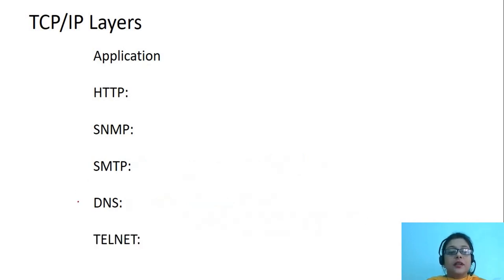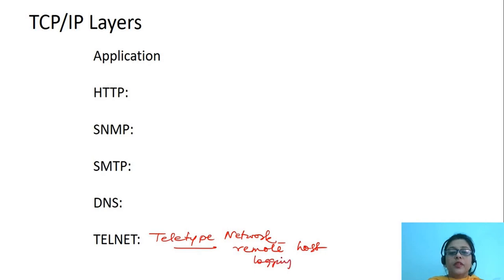After that, the protocol that is used in the application layer is telnet, or this is also called teletype network. This is mainly used to access remote host by logging in with user ID and password.